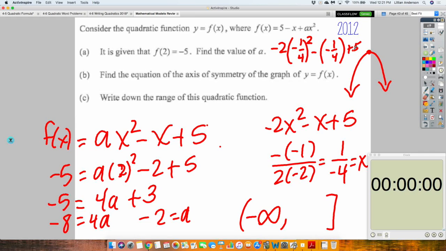Down, because a is negative. Are there any restrictions on your domain? No. So your range is going to be from negative infinity all the way up to the maximum value of this quadratic. So then you plug in negative 1/4 to get the y coordinate of your vertex.